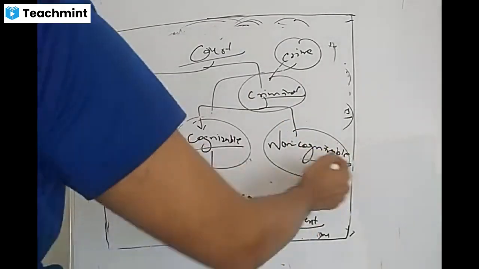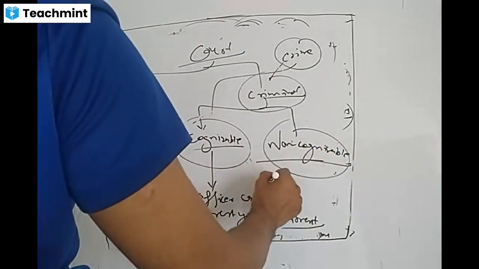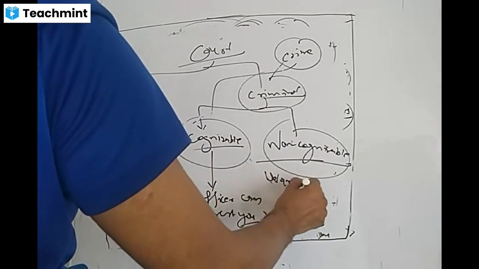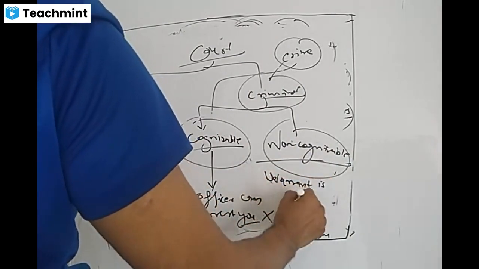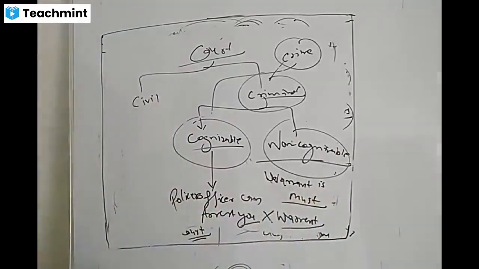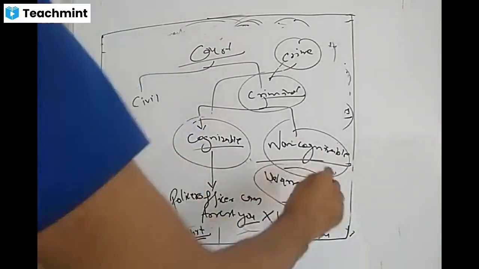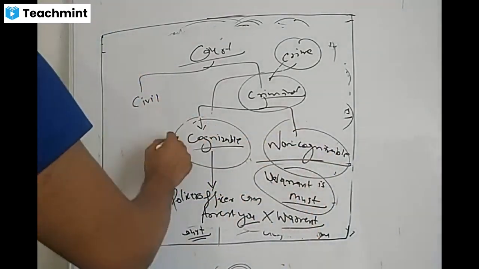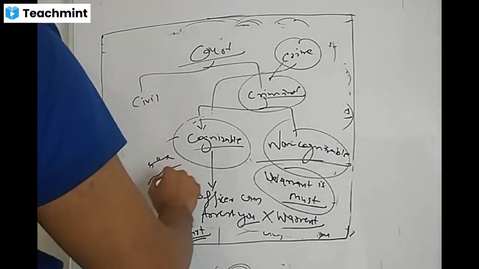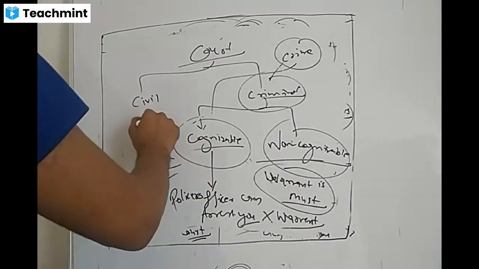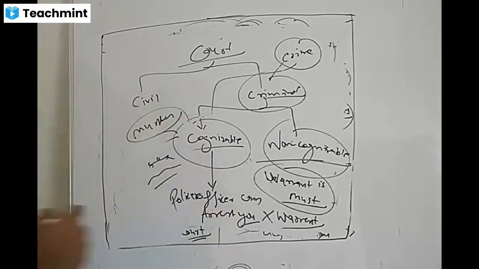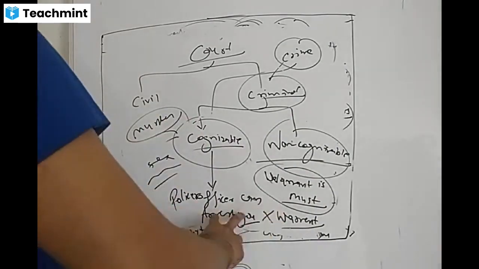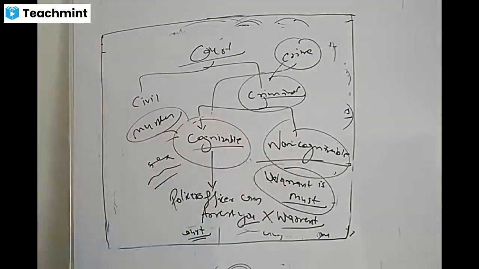But in case of non-cognizable, a warrant is a must from the magistrate. So with the help of the warrant, he can arrest you. But in cases like sexual offense, or murder, the police officer can arrest without any warrant. So they are cognizable and non-cognizable.